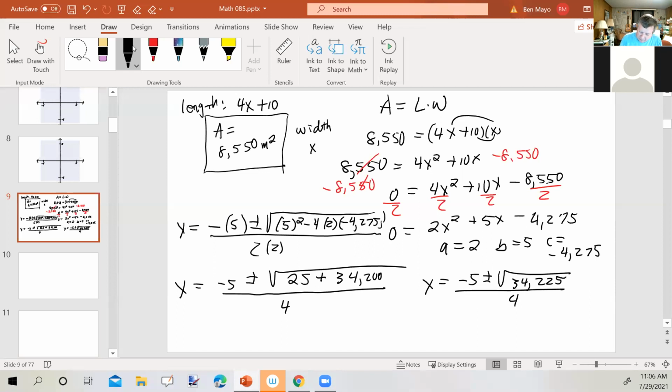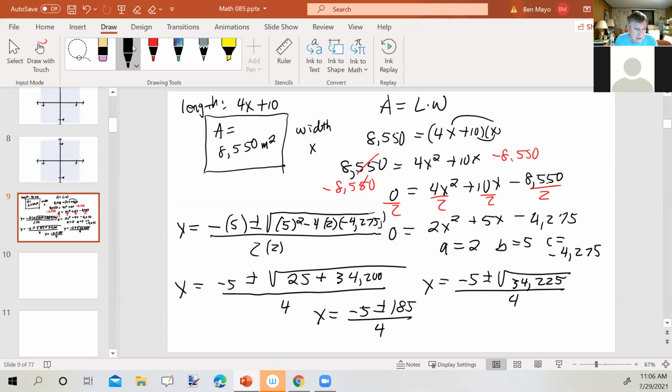Well, let's hope that 34,225 is a perfect square. So I'm going to take the square root of that, 34,225. It's 185. Excellent. So x equals -5 plus or minus 185 all over 4. So far, so good?